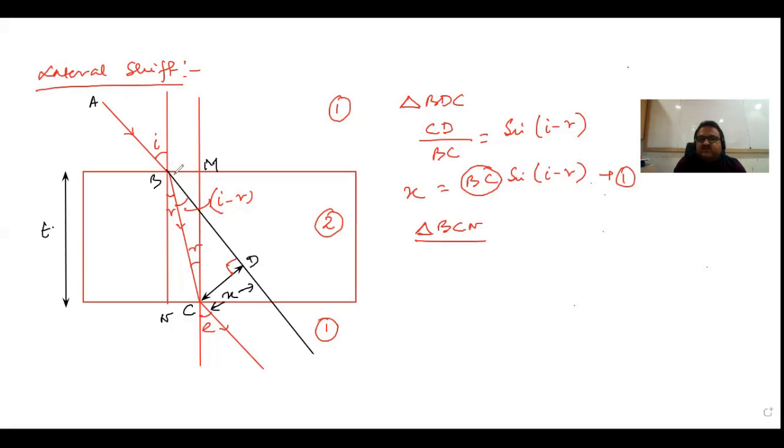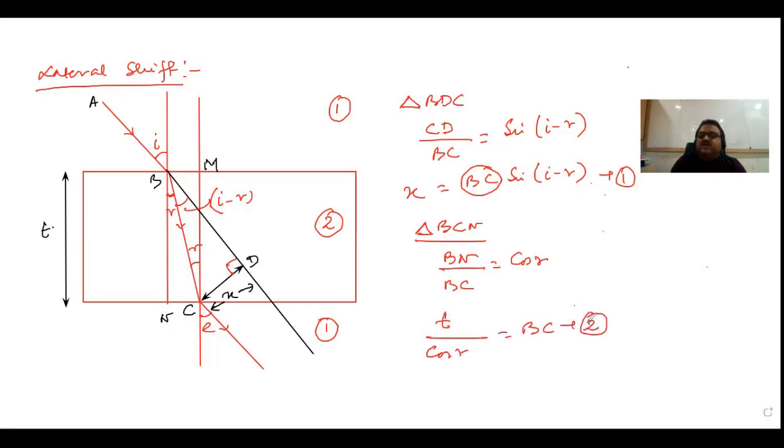So if I consider this triangle, if I choose this as the angle, BN is the base and BC is the hypotenuse, correct? So we can write base by hypotenuse, that is BN by BC is equal to cosine of R. Now, BN is the thickness, so thickness by cosine of R is equal to BC.